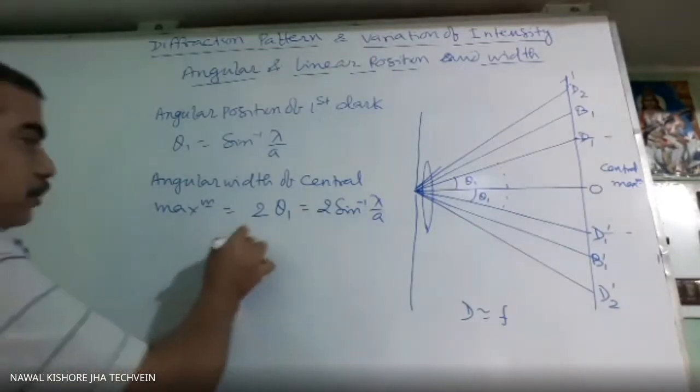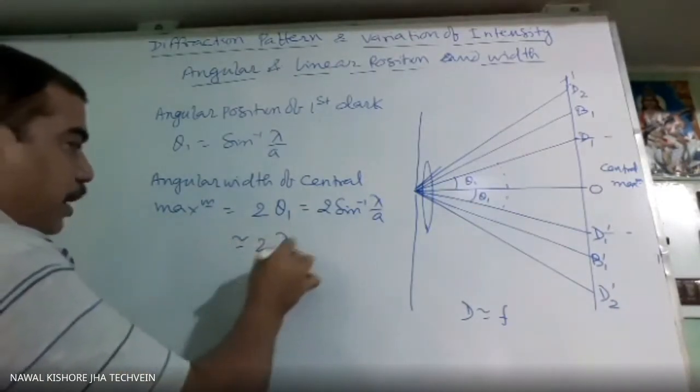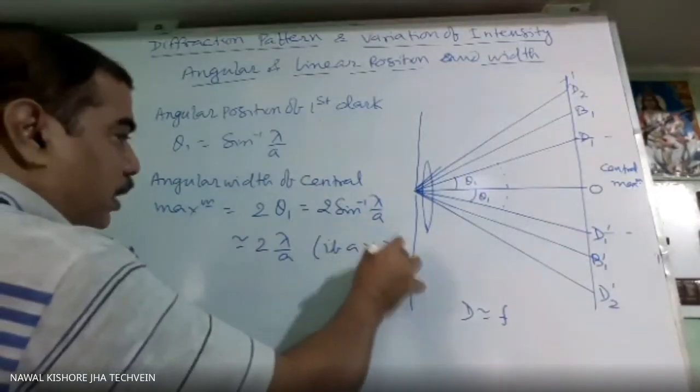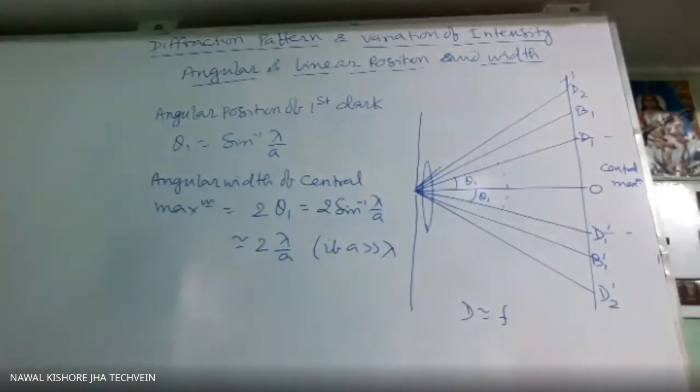It will be approximately 2 lambda by a if a is much more than lambda, that is, if lambda by a is very small and theta is very small. So this is angular width.